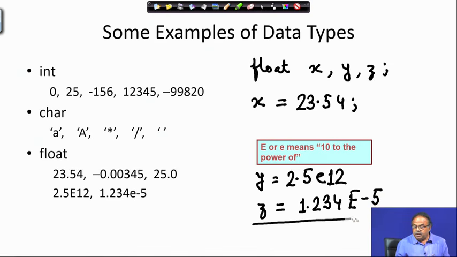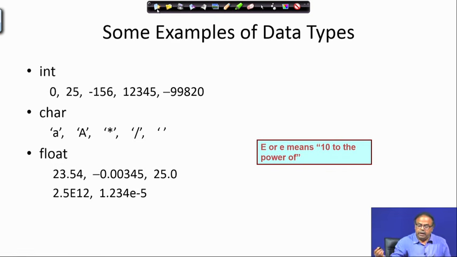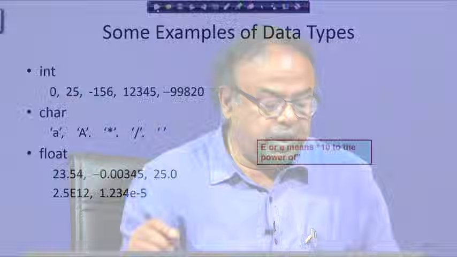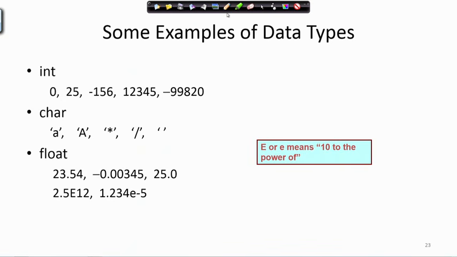That means z will now have the value 1.234 times 10 to the power minus 5. That is how we represent floating point numbers. So this part is clear, that is how we write the variables, and these are examples of the data types.